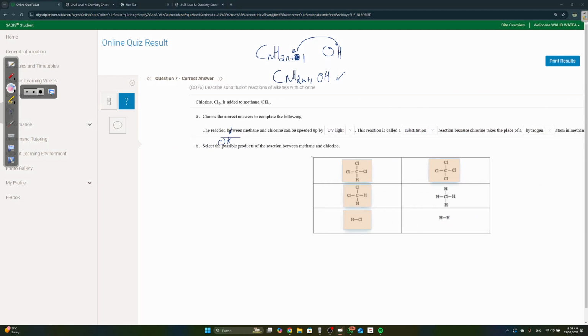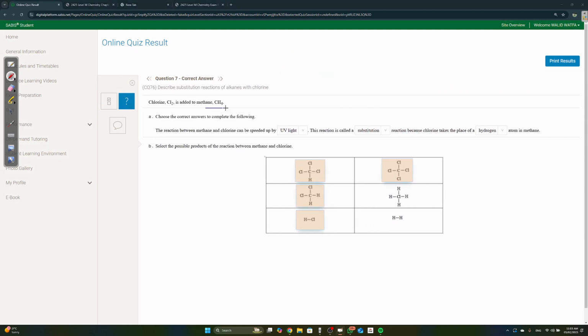Question 7. Chlorine is added to methane. The reaction between methane and chlorine can be speeded up by UV light. This reaction is called a substitution reaction because chlorine takes the place of a hydrogen in methane. Remember, we said alkanes, methane, they can undergo chlorination and fluorination and bromination, right?